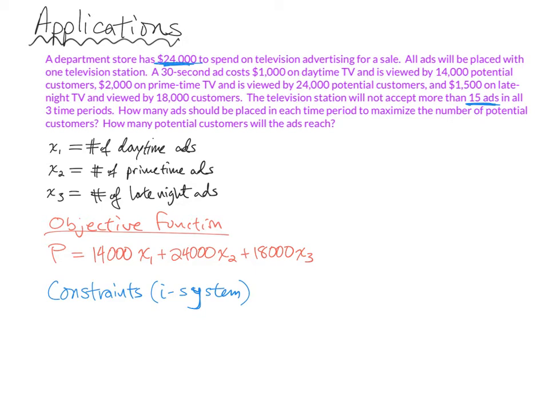So let's see here, we can say it is $1,000 for each daytime ad, $2,000 for each primetime ad, and $1,500 for each late night ad, and you cannot spend more than $24,000. As far as the number of ads are concerned, we have X1 plus X2 plus X3 has to be less than or equal to 15.